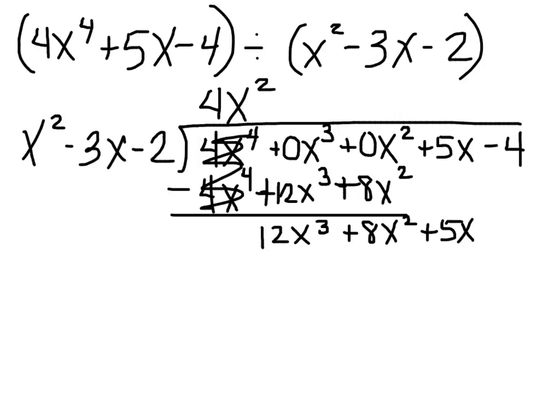What times x squared gives me 12x to the 3rd? 12x. And then you multiply that by each piece. 12x times x squared, 12x to the 3rd. 12x times negative 3x is what?